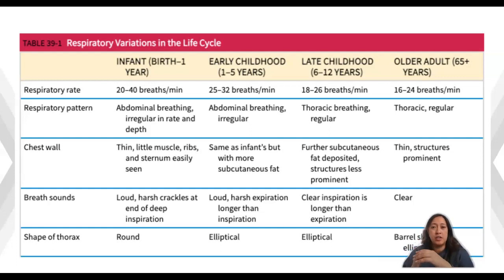Our class focuses on older adults, and so we did have that older adult assessment. But it's important to remember that there are these changes that happen in our older adult, not just in their structure, but they also have decreased gas exchange. They have an increased work of breathing. They do have a reduction in the vital capacity of their lungs. They do have that ineffective cough. They have drier mucous membranes and are at greater risk for aspiration.